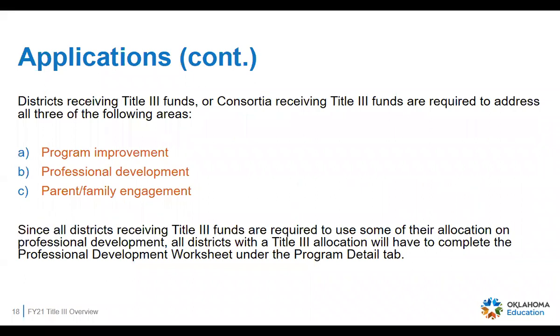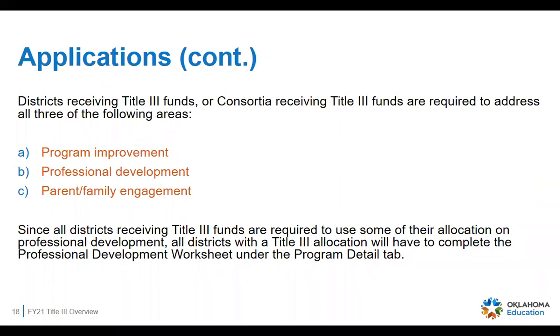A couple more things regarding applications. Districts and consortia receiving Title III funds are required to address all three of the following areas. And this is explicitly laid out in ESSA, the Every Student Succeeds Act.